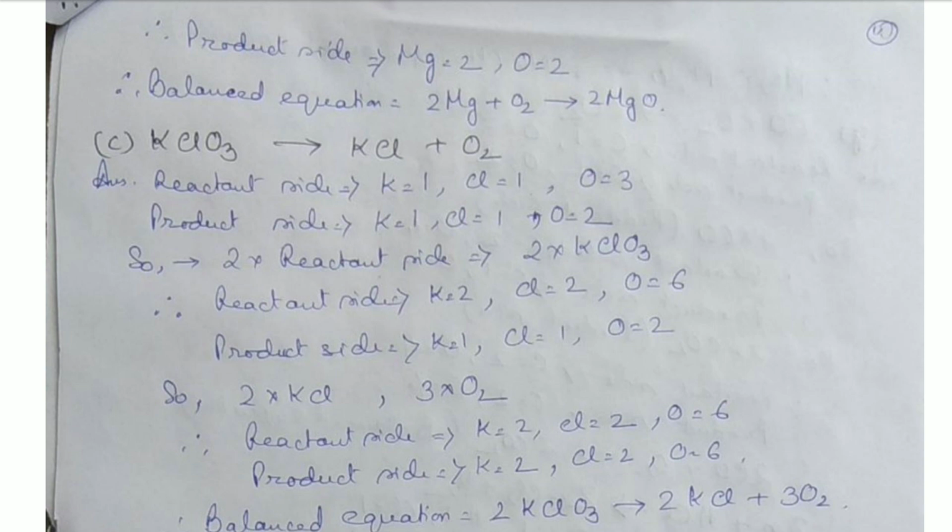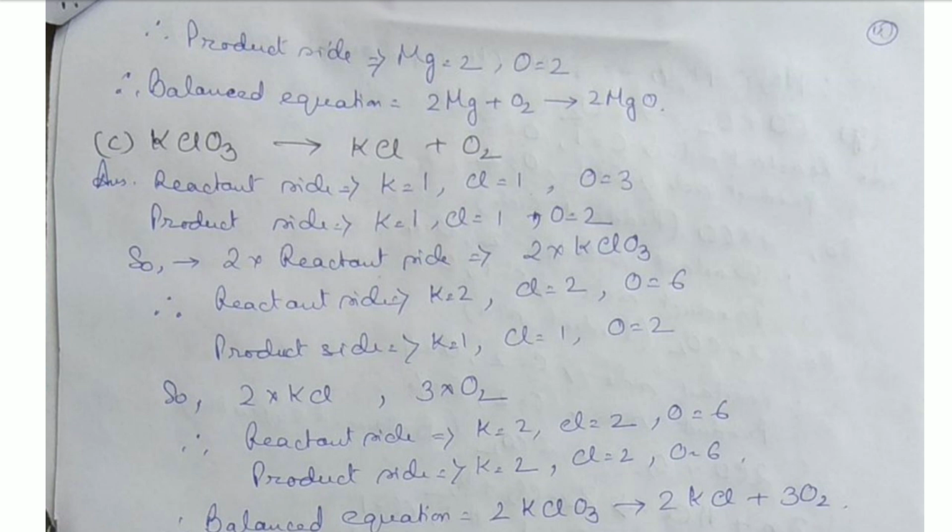Next we come to KClO3, that gives us KCl plus O2. Now see, on the reactant side K is equal to 1, Cl is equal to 1 and O is equal to 3, and on the product side K is equal to 1, Cl is equal to 1 and O is equal to 2. Here also, the oxygen atom on the product side is 1 less. So on the reactant side we first do one thing.